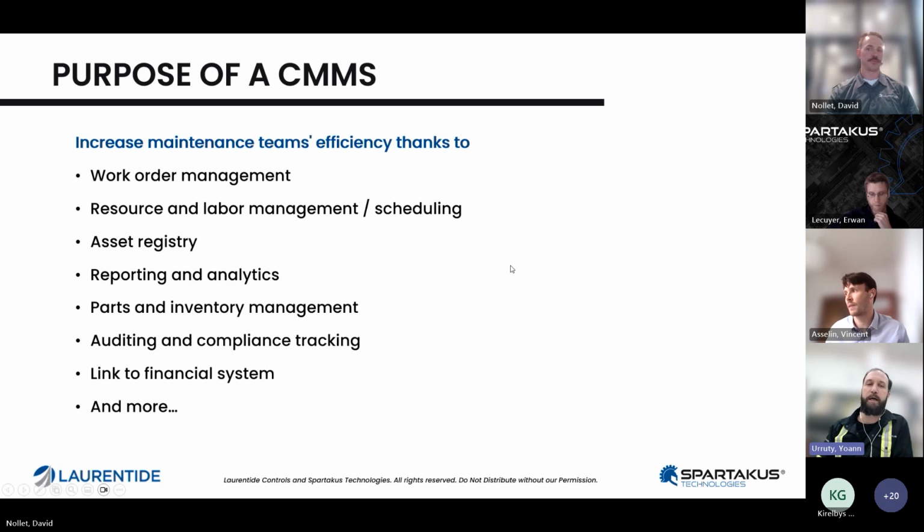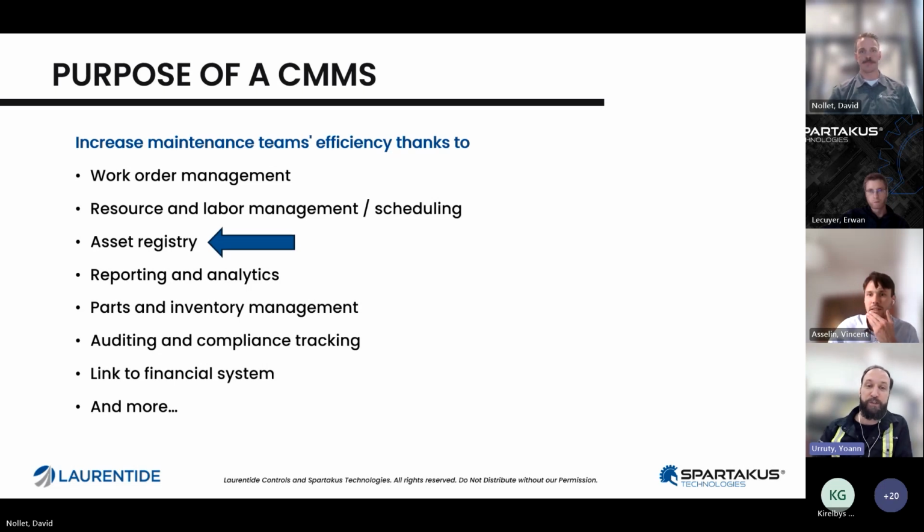Typically, what do you use CMMS for? Well, typically you want to increase your maintenance team's efficiency. So before CMMS, everything was done on paper or just verbally, right? And there was no work order management. There was no resource management, scheduling of work, no asset registry, no reporting and analytics, no parts management, et cetera, et cetera.